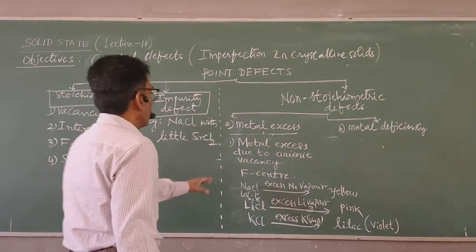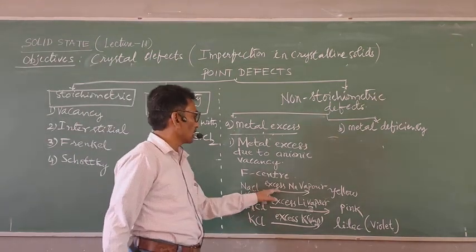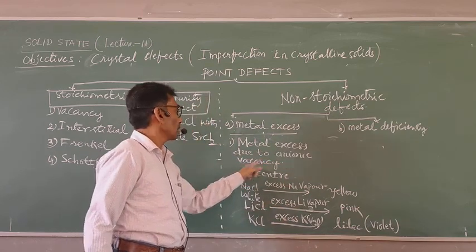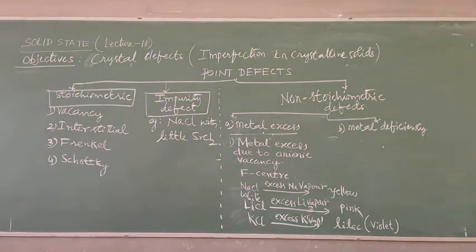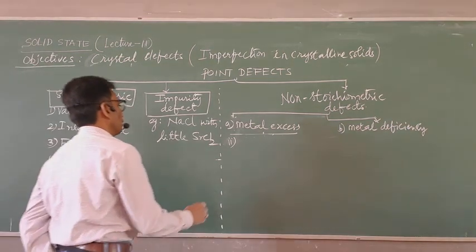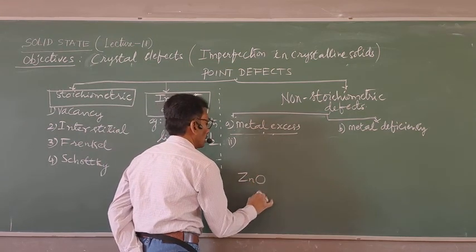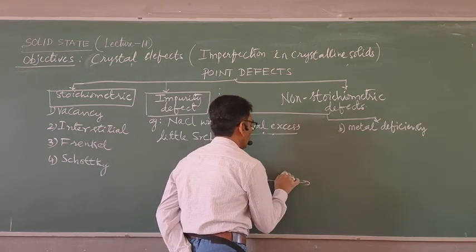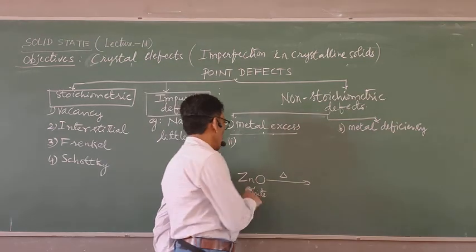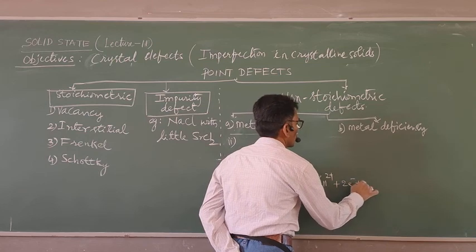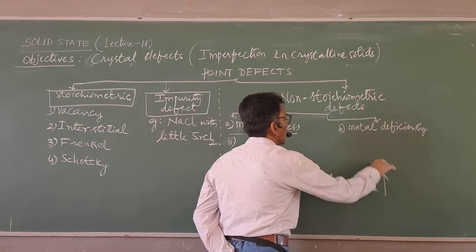When a metal ionic crystal is heated with its metal vapor, an anionic vacancy results. That anionic vacancy occupied by an unpaired electron imparts color to the crystal. Zinc oxide is another crystal, white and colorless under normal conditions. On heating, oxygen escapes and zinc is ionized to zinc 2 plus ions and 2 electrons, and half mole of oxygen escapes.